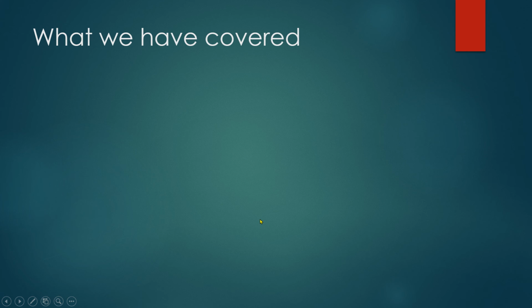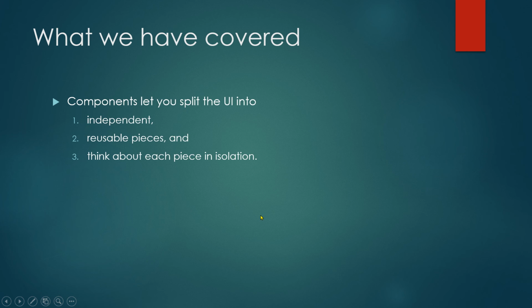What we have covered in this video is that components let you split the UI into independent, reusable pieces. Think about all these pieces in isolation, meaning you can do independent operations on them. We can do much more with prop types and state, which I will describe in the upcoming videos.